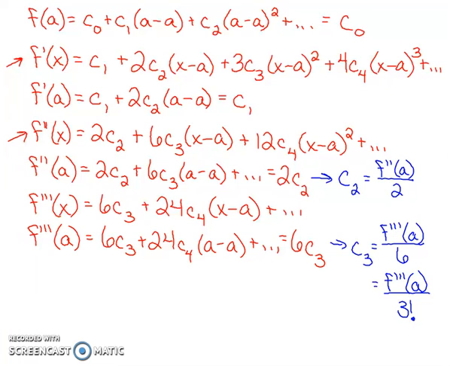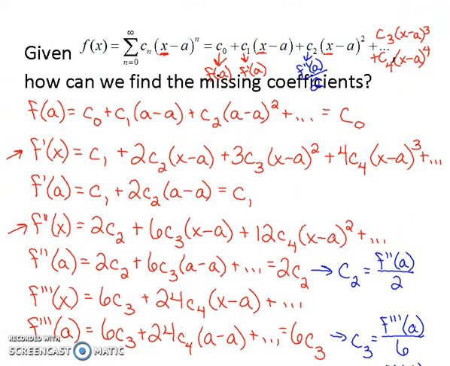So if I go back up here to the top, this c sub 3 would be the third derivative evaluated at my center divided by 3 factorial. So I think we've done enough at this point that maybe, hopefully, you might be seeing a pattern for how we find these coefficients here.